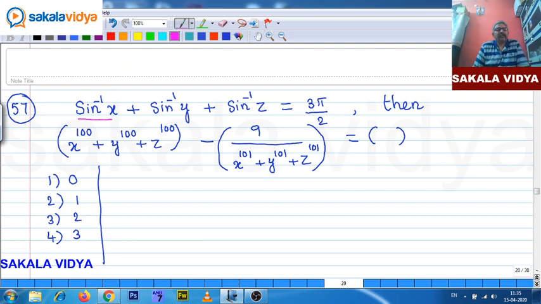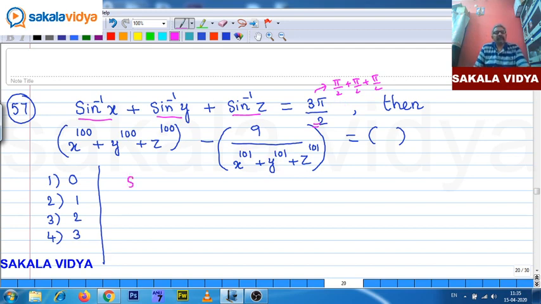Sine inverse x plus sine inverse y plus sine inverse z is equal to 3 pi by 2. Then we need to find out this value. So first this 3 pi by 2 can be written as, so my plan is pi by 2 plus pi by 2 plus pi by 2. That means here each of the values is pi by 2. Then we can find out x, y, z values, then we can substitute.